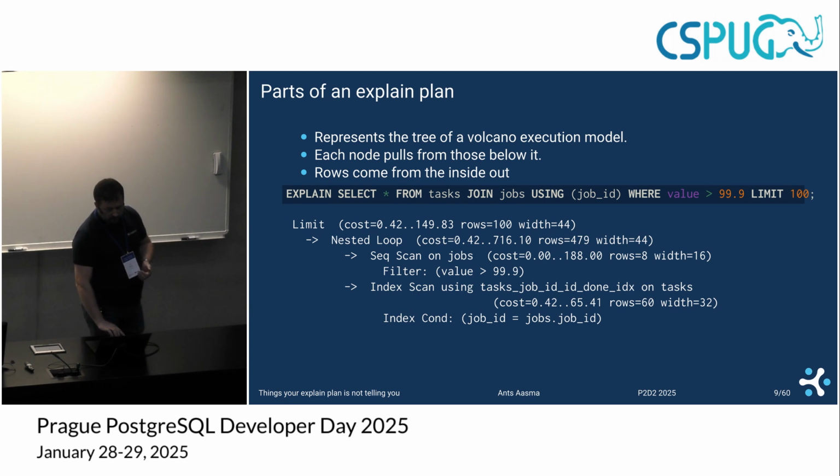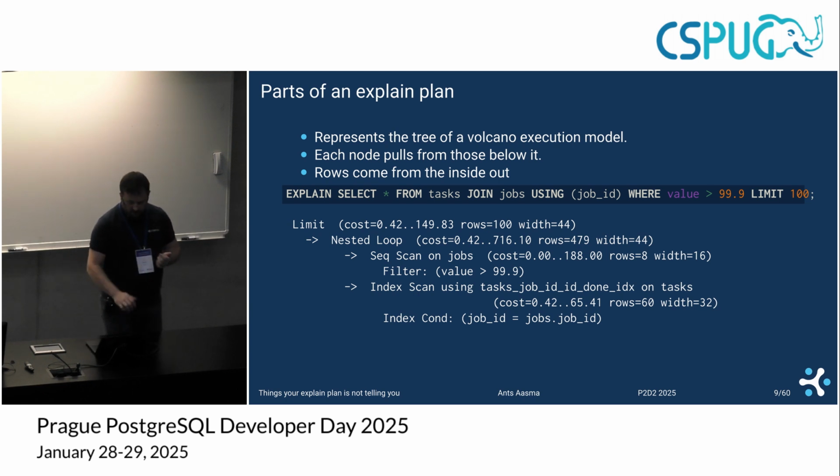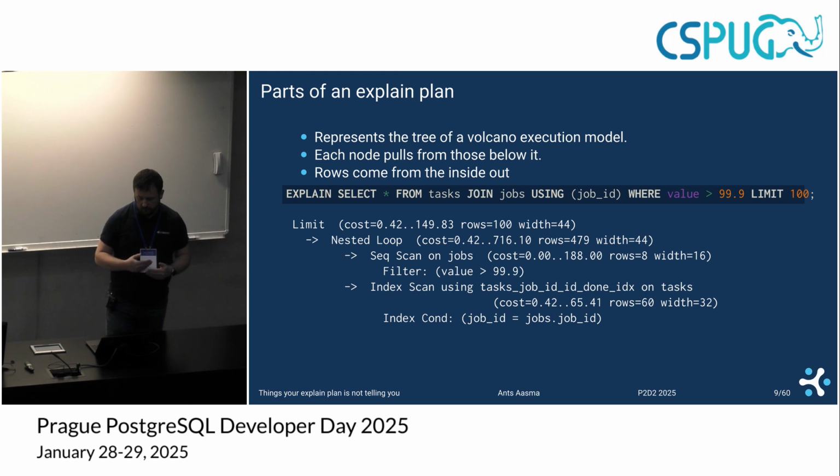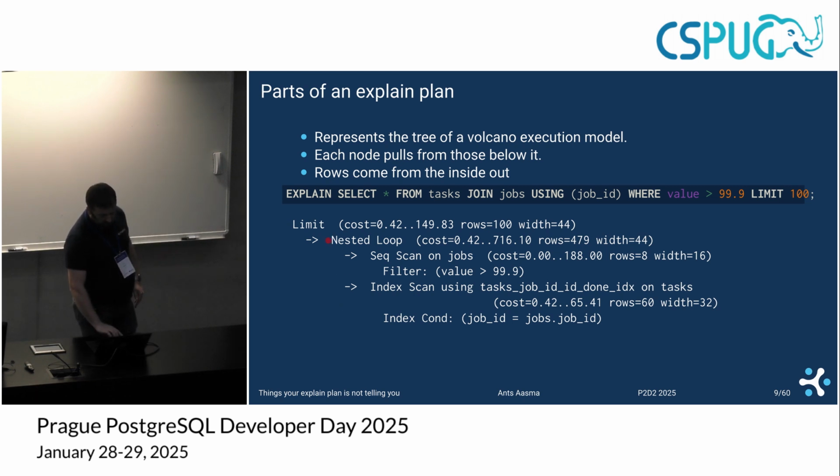That in turn will ask the next one, the nested loop, to give me a row. And that one will then run both of its subqueries. For each row from the first one, it will execute the second one. It will ask for a row from the sequential scan, and for that row, it will run this index scan.